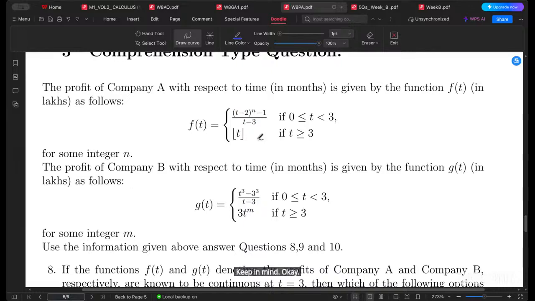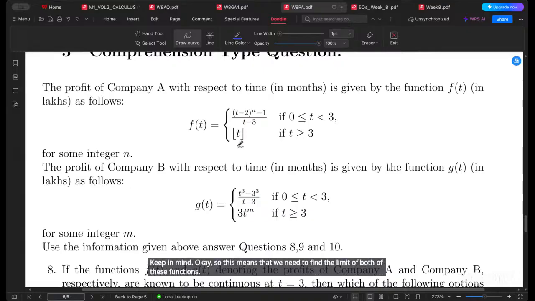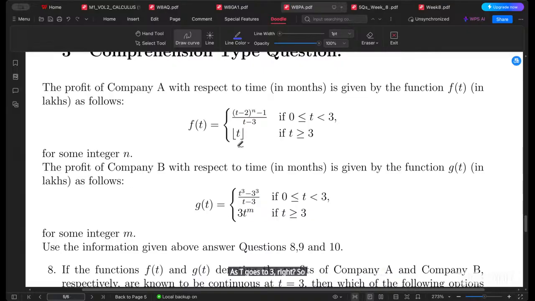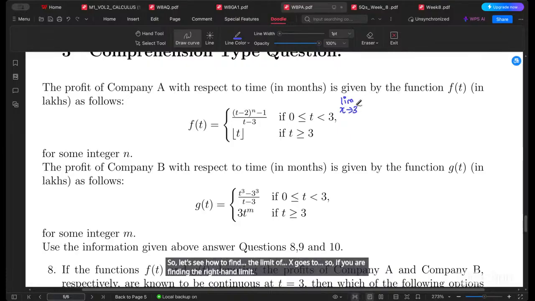This means that we need to find the limit of both of these functions as t goes to 3, right? So how are we going to do it? Just the usual way of finding limits. So let's see how to find the limit as x goes to, so if you are finding the right hand limit, which function should you apply?